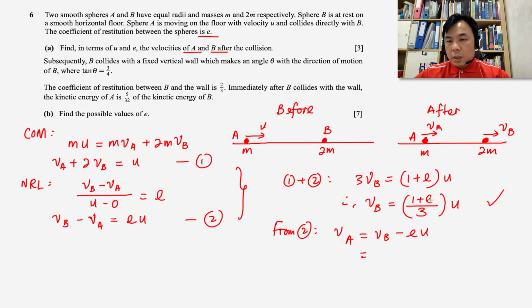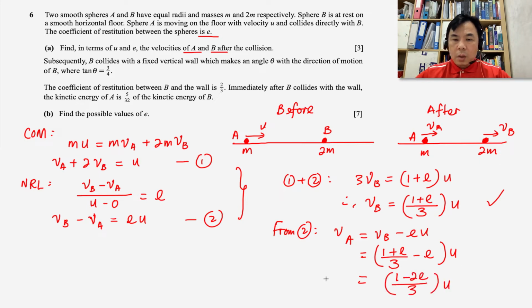And then you can take this, put it into here. That is this, subtract off eU. Once you simplify that, you will notice that that is actually 1 minus 2e over 3 times U. And then there you have it, the velocities of A and B after the collision.